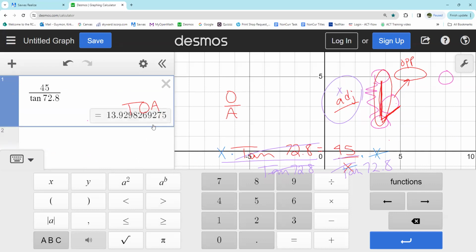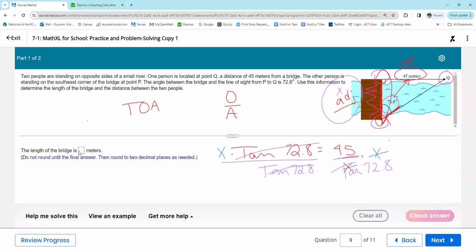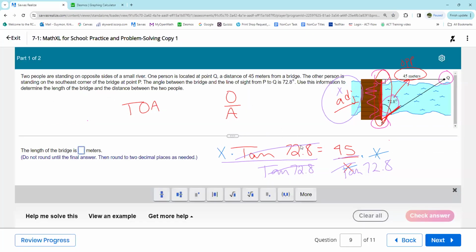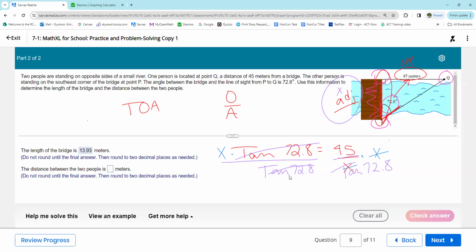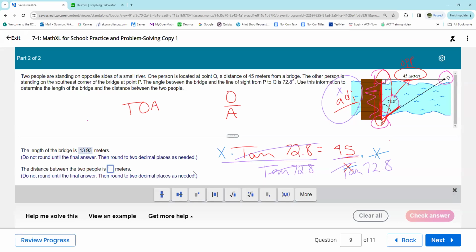And it says 13.929 to two places. So this 9 right here would tell us to make that 2 into a 3, since it's a 5 or bigger. And let's see what it likes. There it is. You guys got this. Hopefully that's helpful. That's like 3 questions in a row that we've been doing.